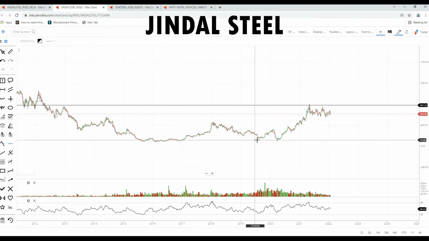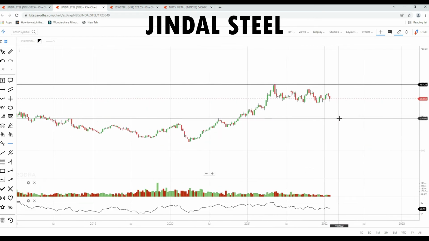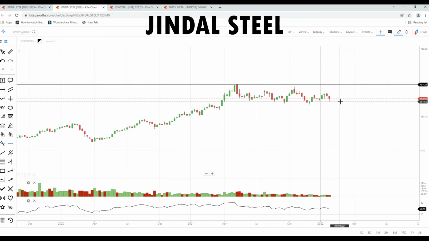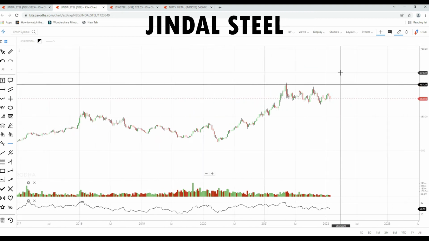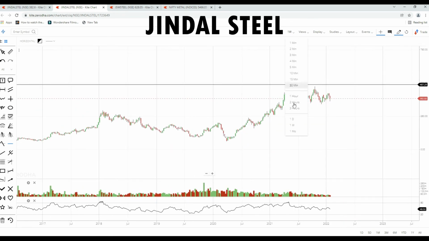After a lot of consolidation, it has now come back in 2021 to that 500 rupee level. No worries, if it is in a consolidation range, it will give a breakout. Be positive whenever you are investing in the stock market. That is the first thing. We'll wait. If it gives the breakout above 500, that will be a good thing, and you can get good returns.